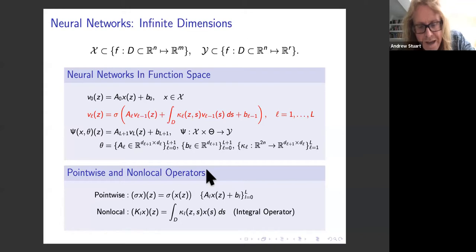So n is large. Here, the high dimensionality comes not because n is large. At the moment, you think of n as being 2 or 3, so physical problems. And the high dimensionality comes from the fact that I'm trying to learn the operator, which takes, say, the initial condition of a partial differential equation into its solution at a later time.